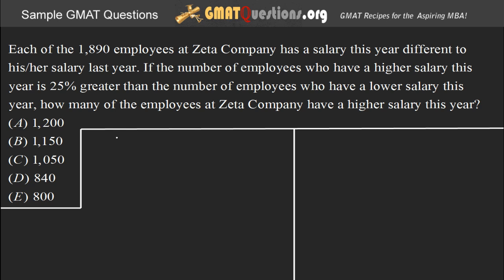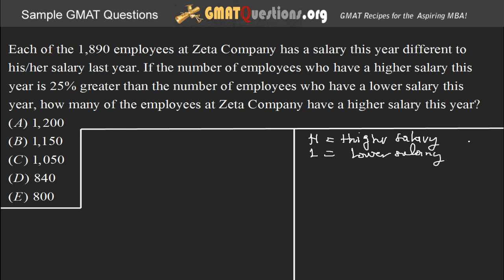So what I'm going to do here, I'm just going to call H the number of employees with a higher salary. L is the number of employees with a lower salary.